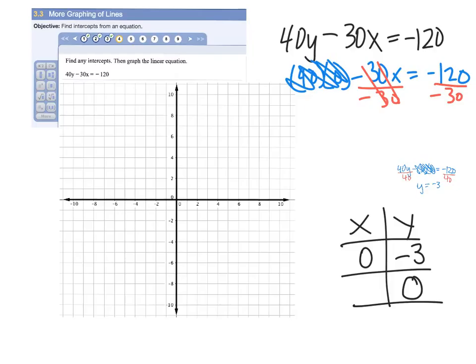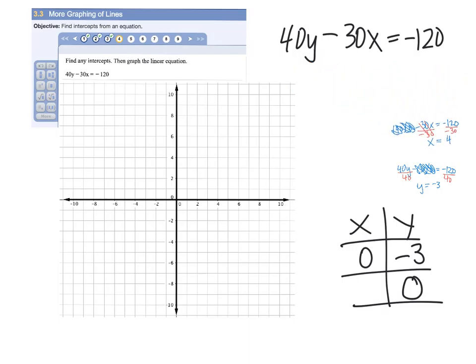So we end up with x is equal to 4, because negative 120 divided by negative 30 is 4. And so there is our table down here.